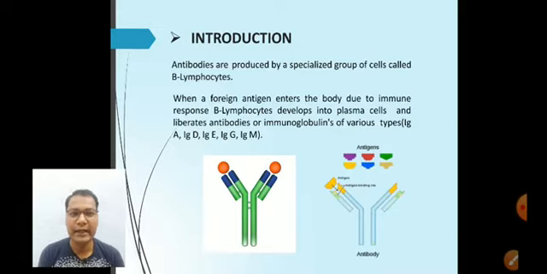When a foreign antigen enters the body, due to the immune response, B lymphocytes develop into plasma cells and liberate antibodies or immunoglobulins of various types like IgA, IgD, IgE, IgG, and IgM. These are the various types of immunoglobulins or antibodies.